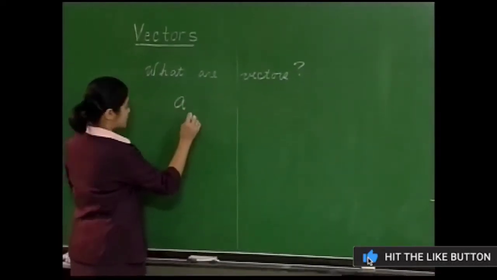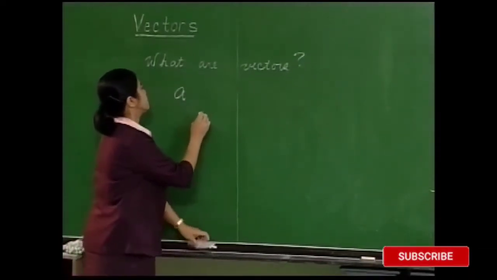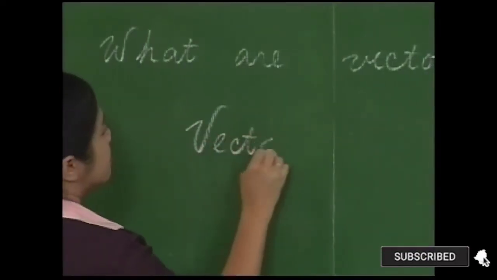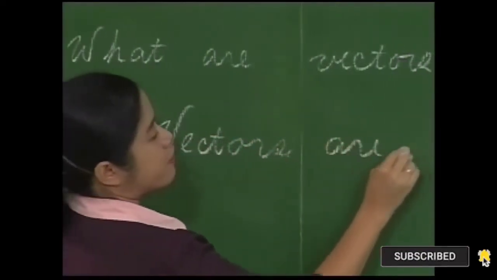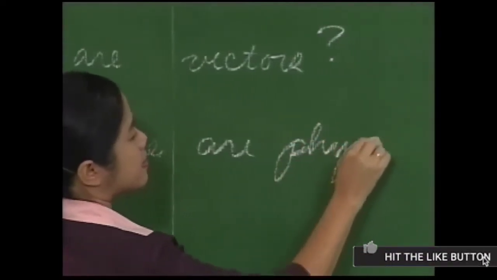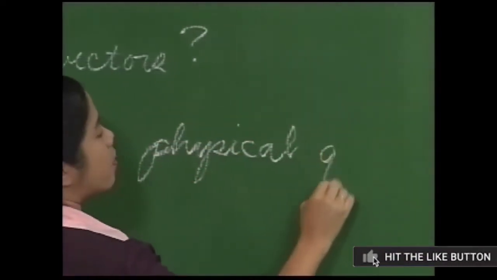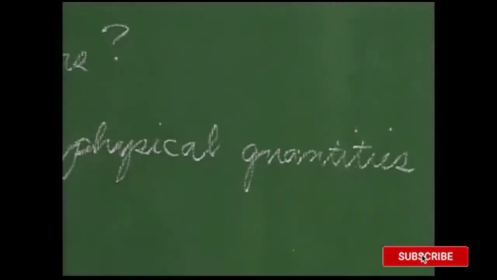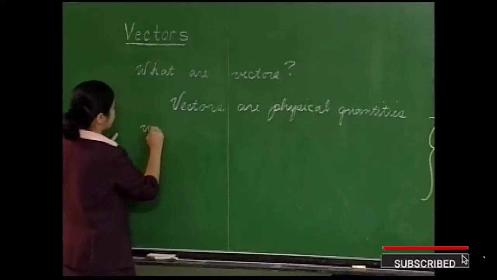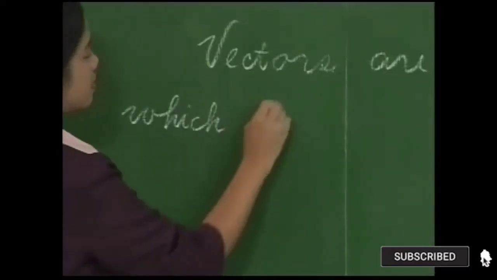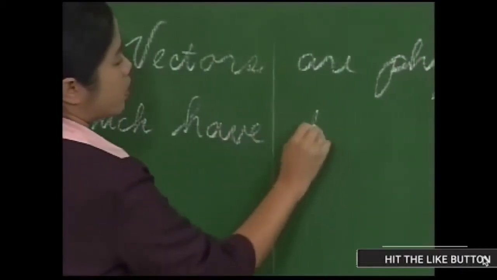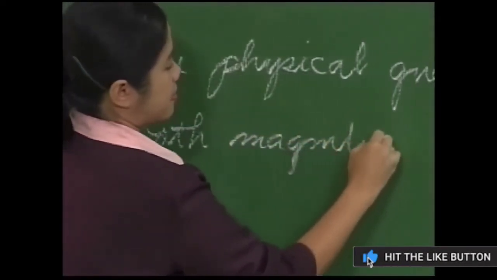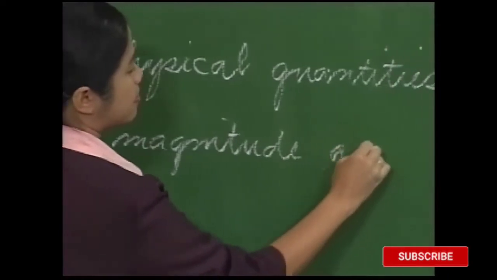A vector, or vectors, are physical quantities which have both magnitude and direction.